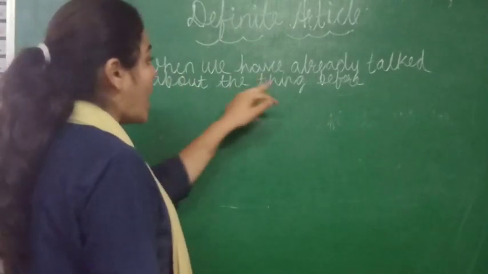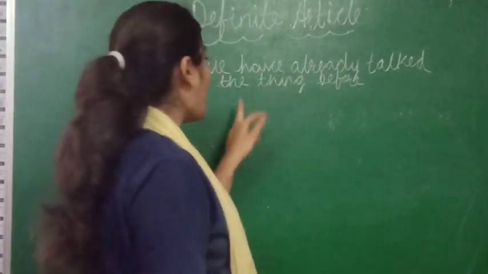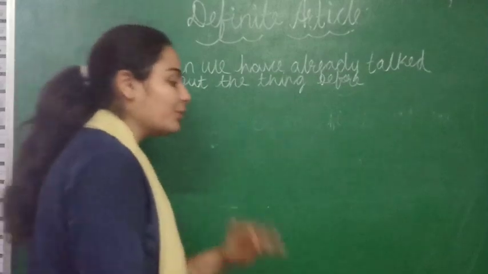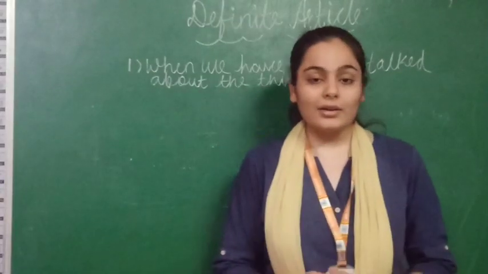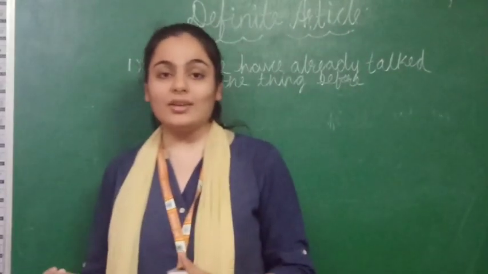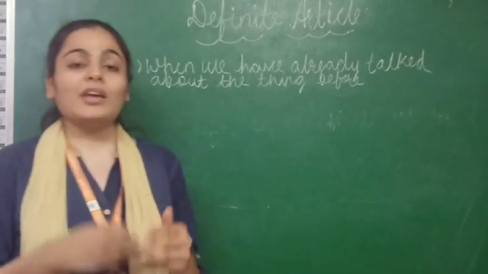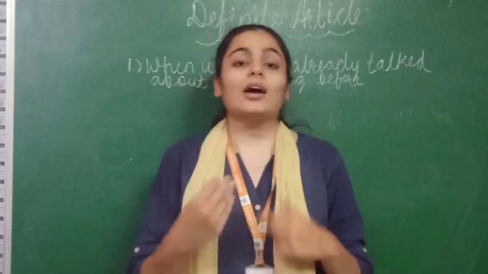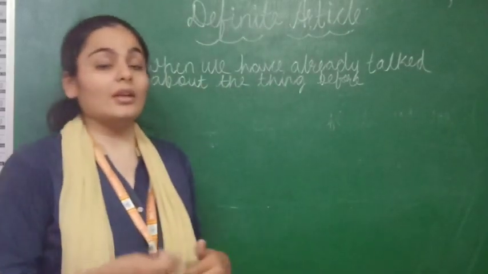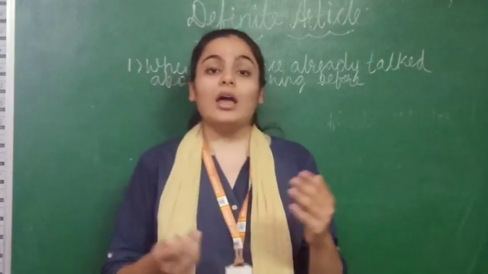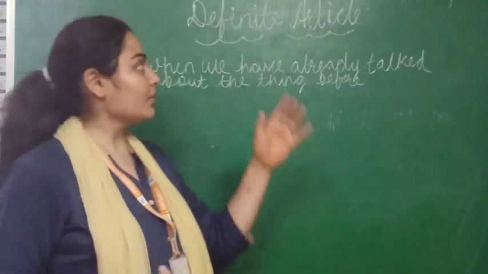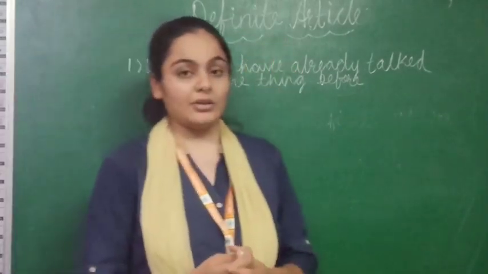When we have already talked about the thing before, but we are repeating that thing again and again. Again and again we do not use the indefinite article. For that we are supposed to use the definite article.